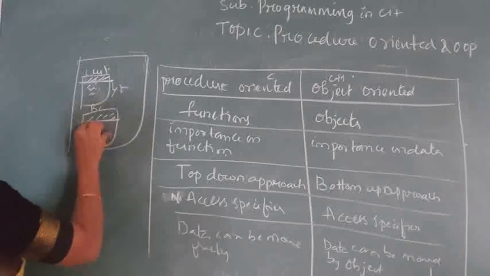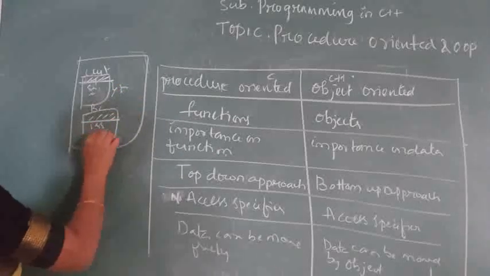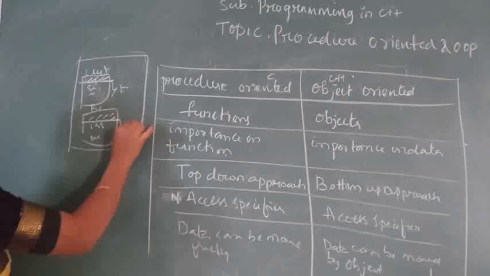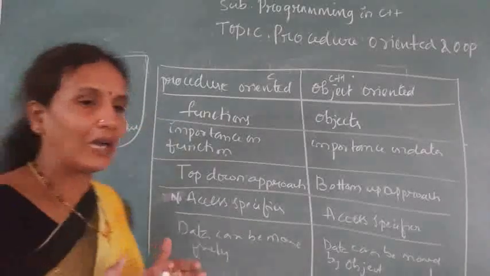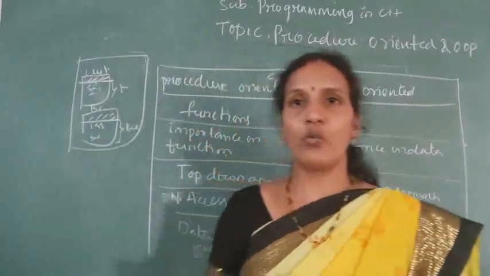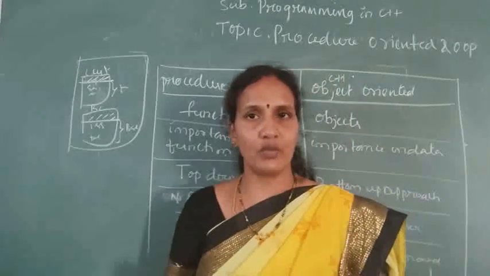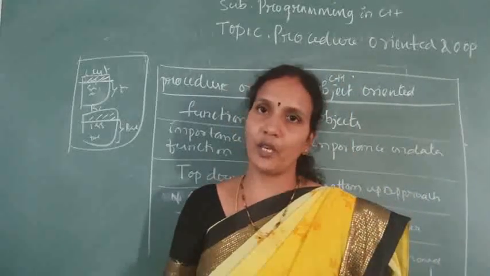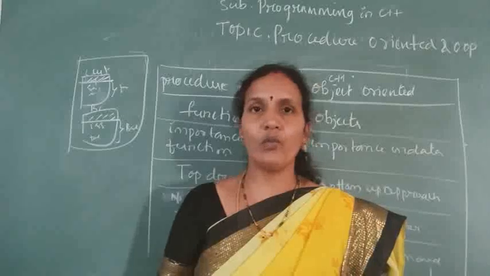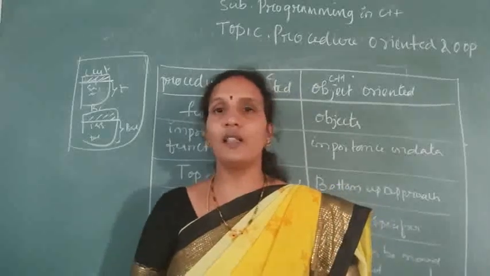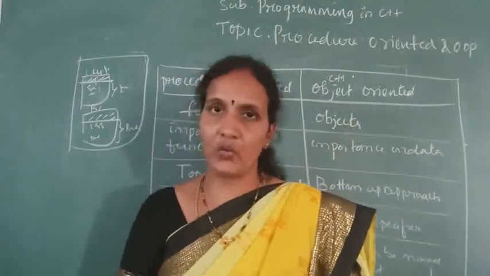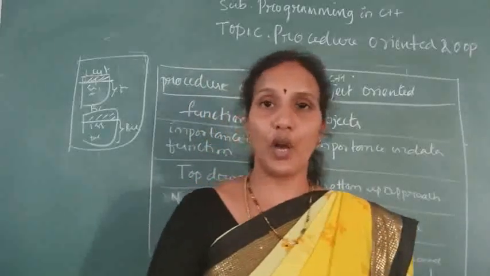And issuing amount and taking amount will come under the bank functions. So according to real world requirements, you can design a program in object-oriented programming. In object-oriented programming, the total program is divided into a number of objects.